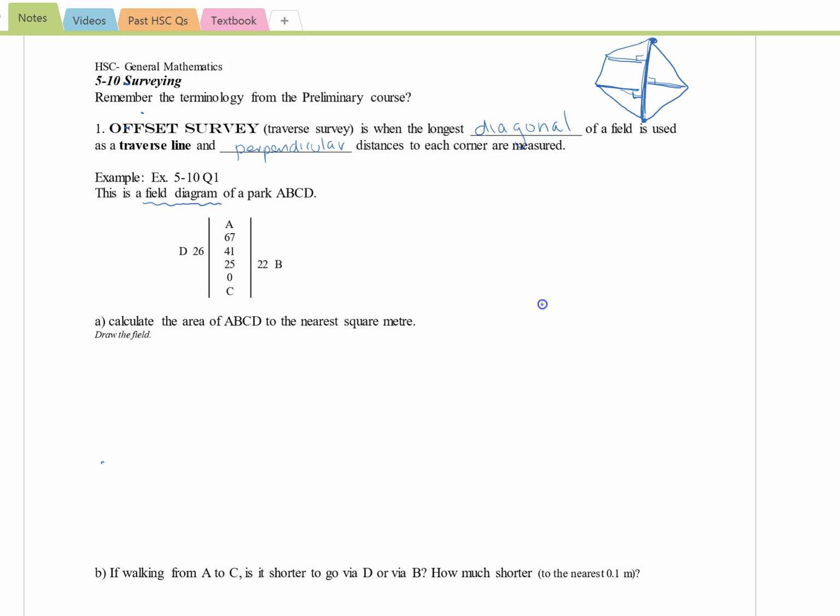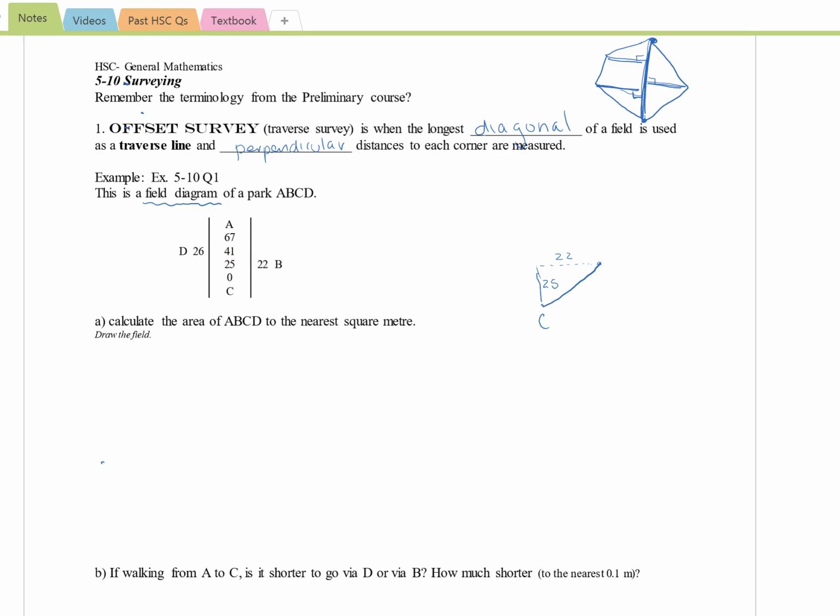We go from C, we'll end up across at A, but to begin with we head in, say 25 metres, and out directly to the right another 22 metres is another corner. So this is the boundary.